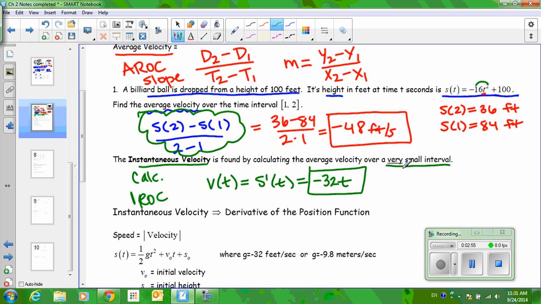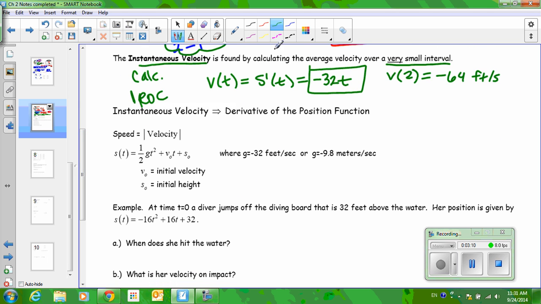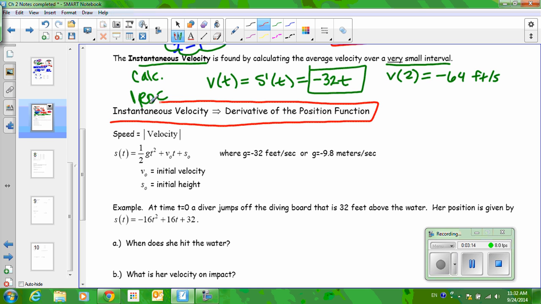If I wanted to find the instantaneous velocity at a time, say at time 2, we would plug 2 into my new equation, and that would give me negative 64 feet per second. So in general, the instantaneous velocity is the derivative of the position function.